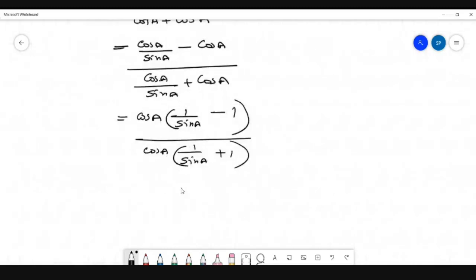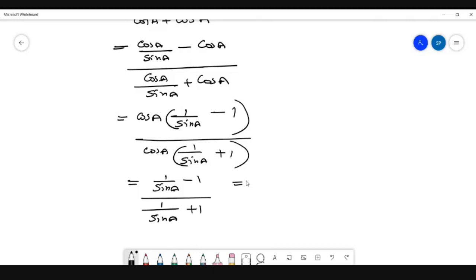Now you can see cos A and cos A is getting cancelled. 1 by sin A is cosec A and 1 by sin A here also cosec A. So we get cosec A minus 1 by cosec A plus 1. So let us cancel cos A and cos A. The remaining is 1 by sin A minus 1 by 1 by sin A plus 1.